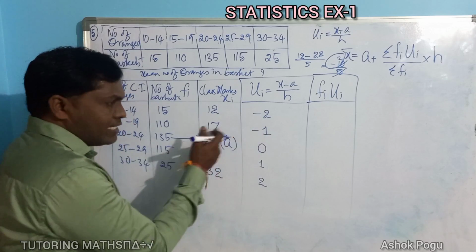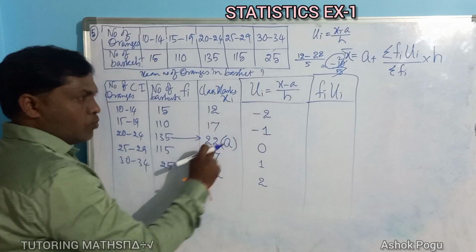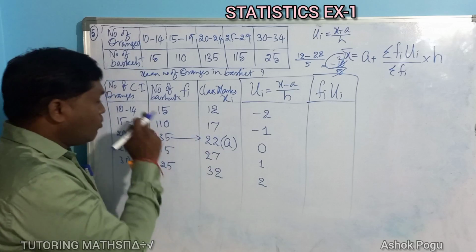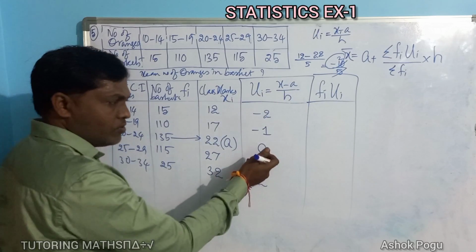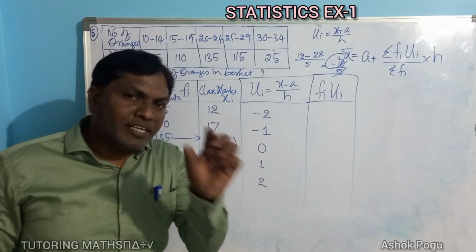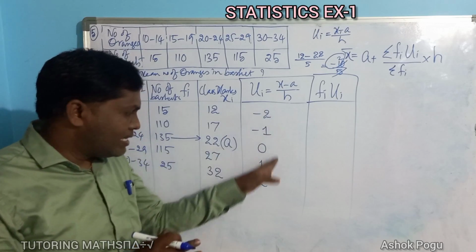Because if you check this third value, x is 22, a is 22, 22 minus 22 is 0, 0 by h, 0 by 5, 0 by anything is 0. So automatically you get it; you need not solve in the rough column. It is better to solve the first value, find the first result, then the remaining values.